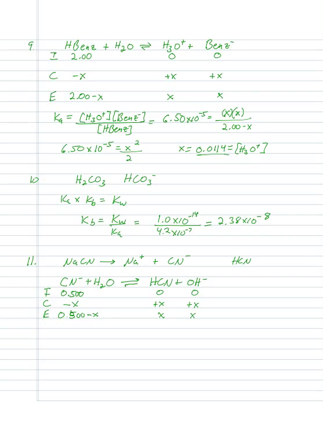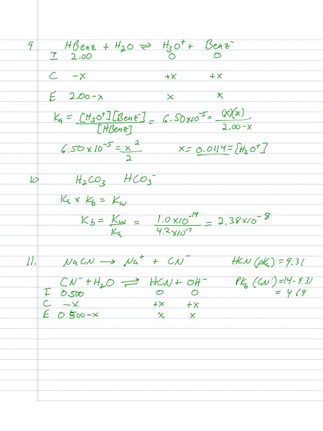So what we can do over here, we see the HCN has a pKa of 9.31. And what that means is that the pKb of CN minus is just going to be equal to 14 minus 9.31. And so the pKb of the cyanide is going to be equal to 4.69.